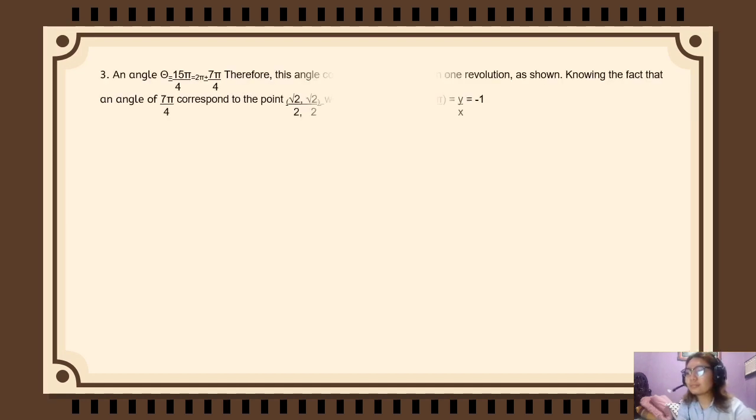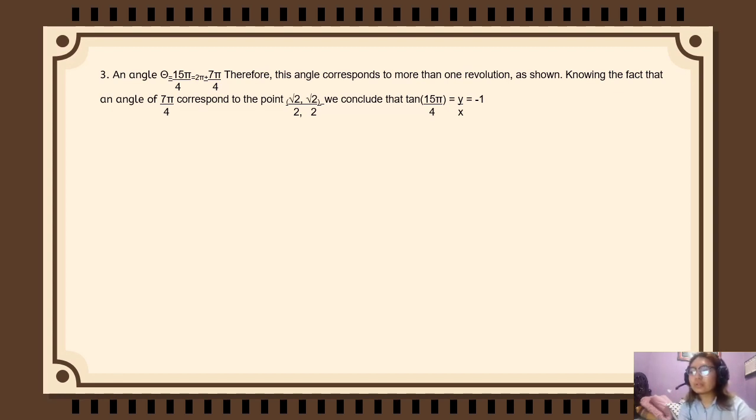Next, an angle delta equal to 15 pi all over 4 is equal to 2 pi plus 7 pi all over 4. Therefore, this angle corresponds to more than one revolution as shown, knowing the fact that an angle of 7 pi all over 4 corresponds to the point square root of 2 all over 2 and negative square root of 2 all over 2.